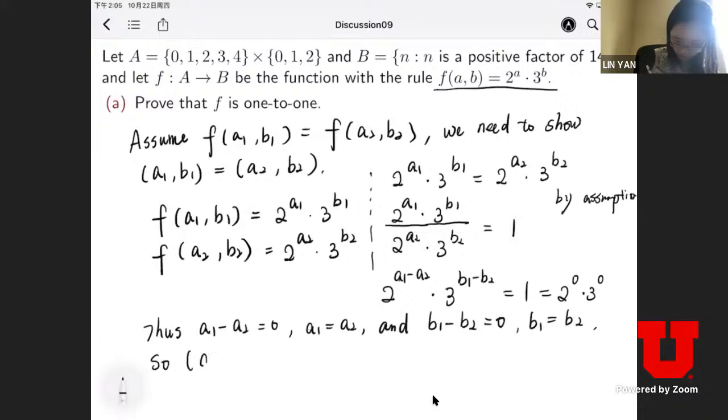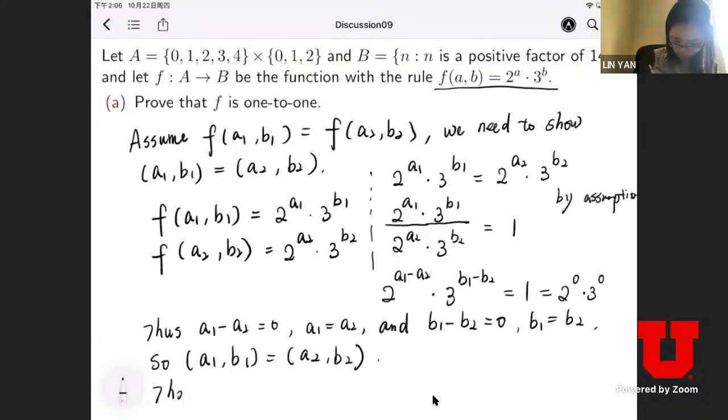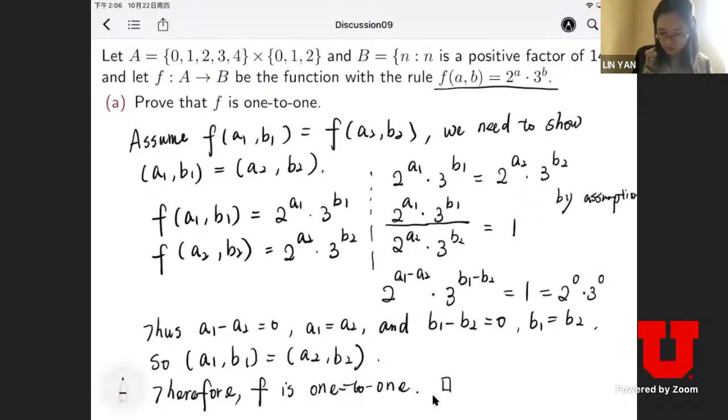So (a1, b1) is equal to (a2, b2). Therefore, f is one-to-one. So we are done with this proof. Any questions so far?